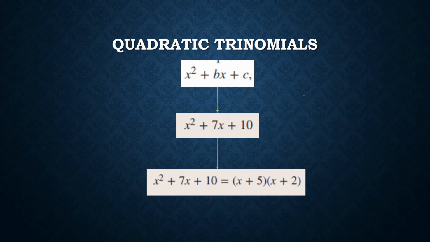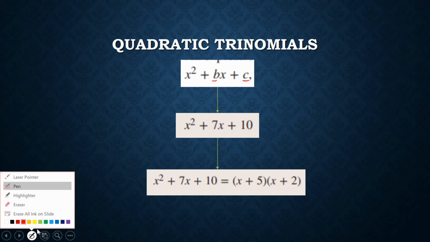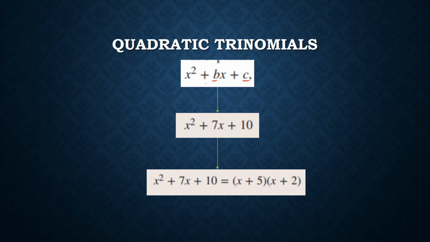So quadratic trinomials are presented in a form as x squared plus bx plus c. B and c are numbers normally. So in this case, we only have letters just to show you the general look of it. So over here, I've just given you an example.